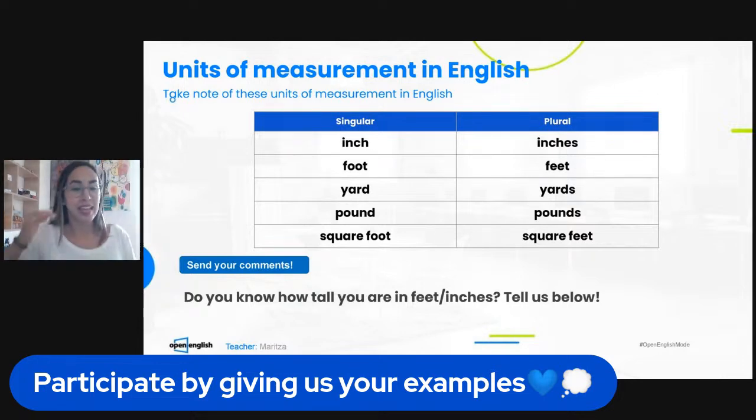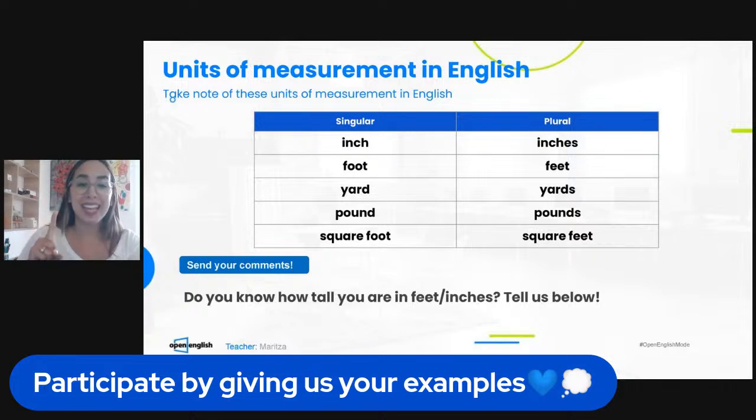For example, in Europe, they use meters or centimeters. However, in the United States, we use different units. I do not understand meters, centimeters, or kilometers, but rather in English, we use different units of measurement. So take note of these units.